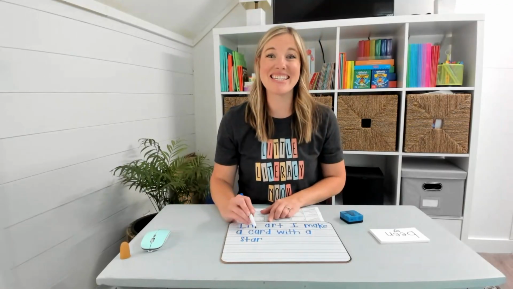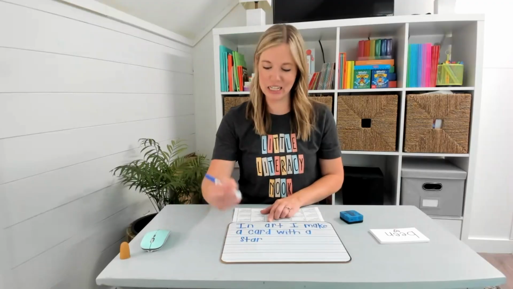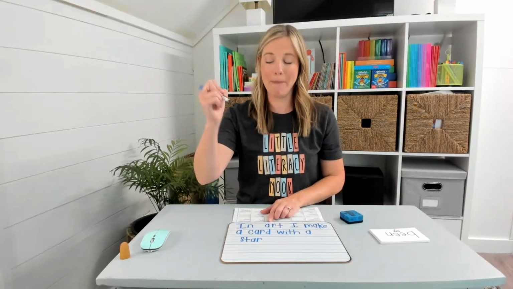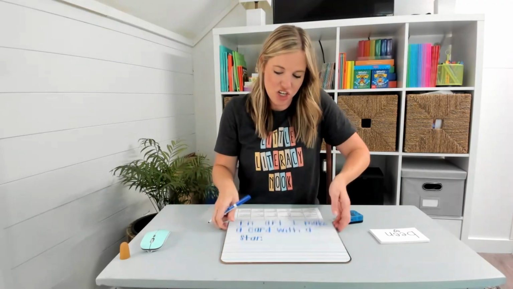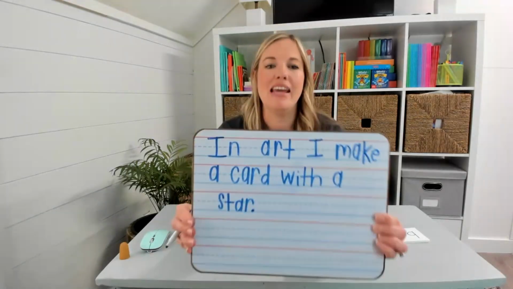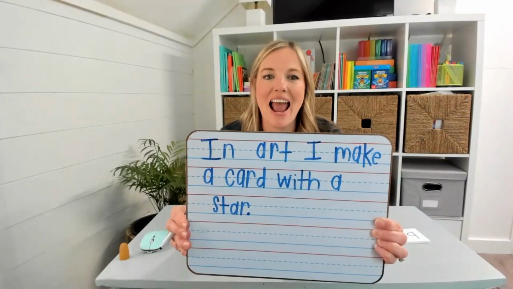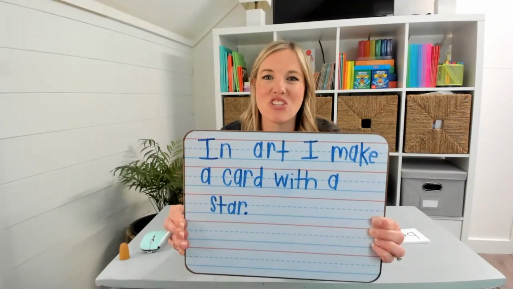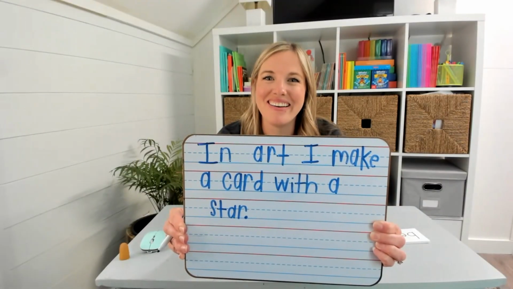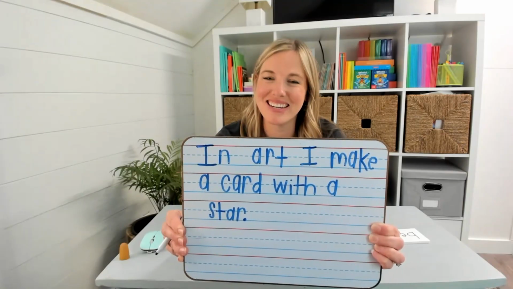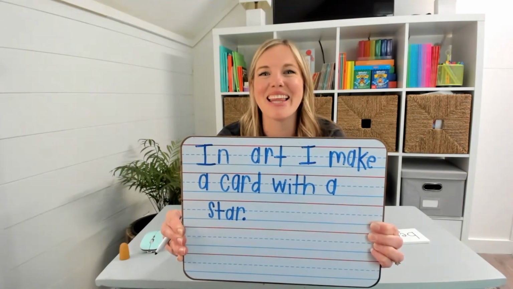Did you spell it S-T-A-R? Good. Let's put something at the end. What do we need? A period. All right. Check your sentence. In art, I make a card with a star. Good job. All right. I'll see you next time for lesson 11.